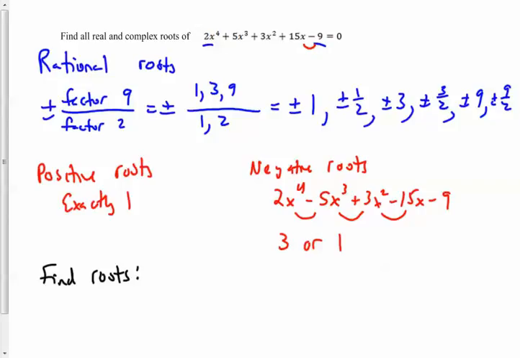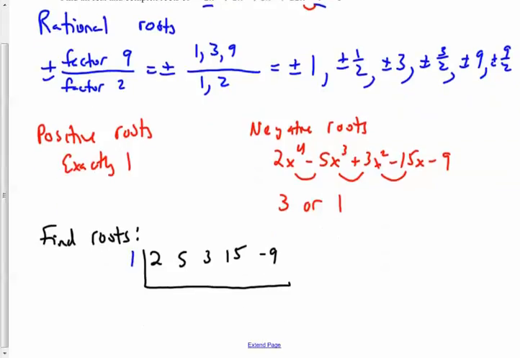So using our synthetic division, since I know there's exactly one positive root, let's check with that first. So I have 2, negative 5, 3, negative 15, and negative 9 from my synthetic division. And let's test 1 and see if that works for a positive root.